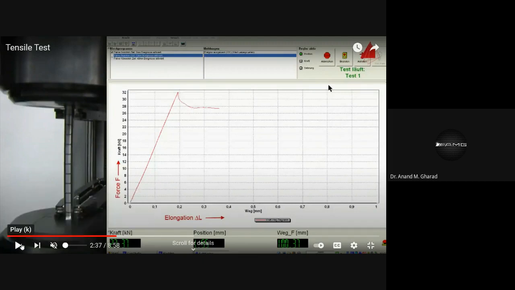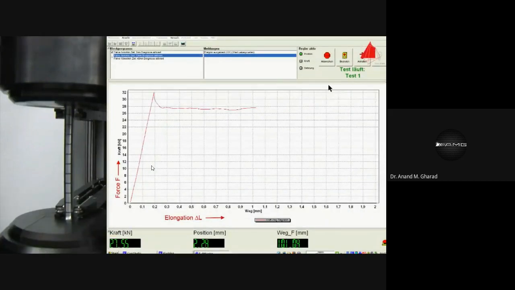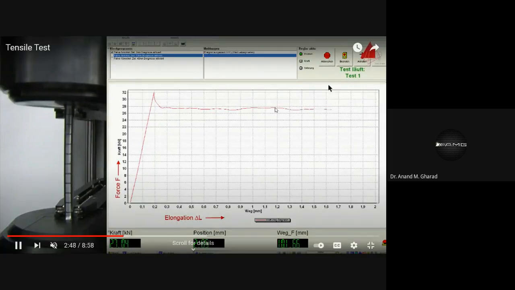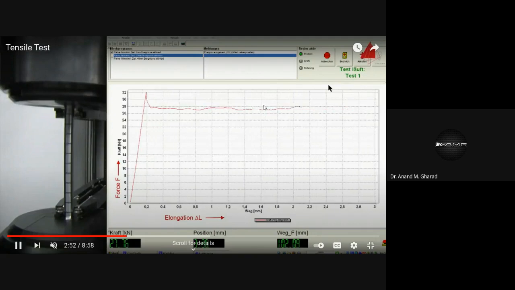And this will continue with the further increment in the elongation. What do you observe? It is constant. Somewhat it is constant, isn't it? Force is constant.